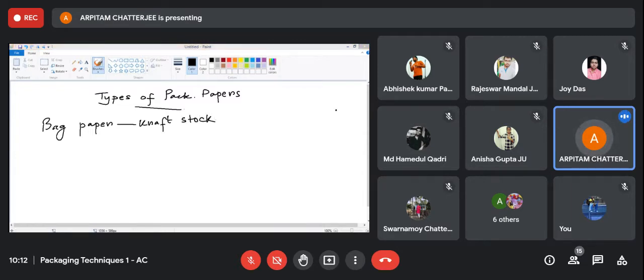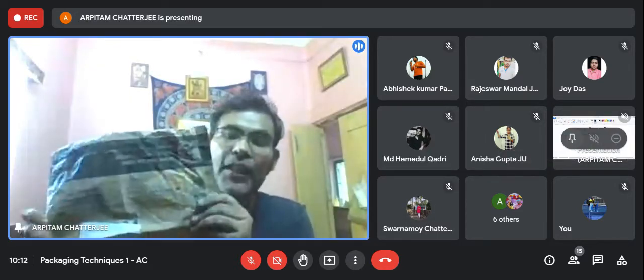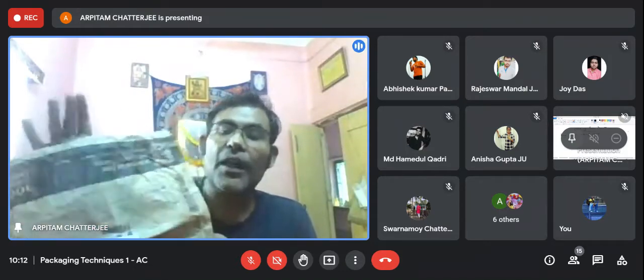I'm just showing you one example. Nowadays, if you shop on any kind of e-commerce site and all these things, you may get this. So this is an example of kraft stock. You might have seen this kind of package that comes when you buy something in online shops like Amazon, Myntra, and all this. So they give you this kind of stock.